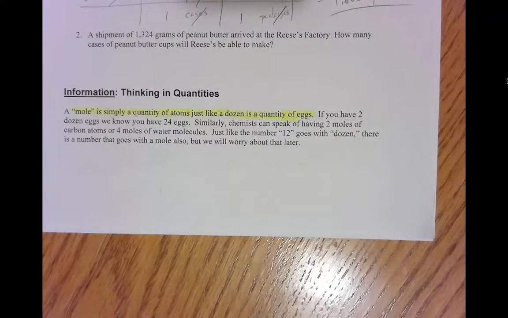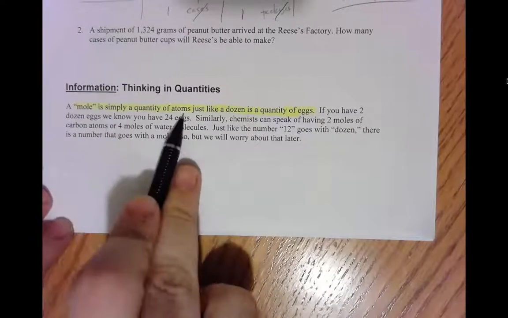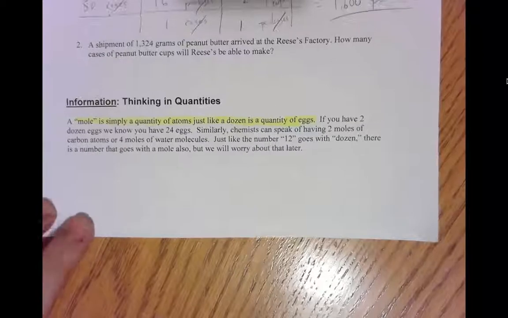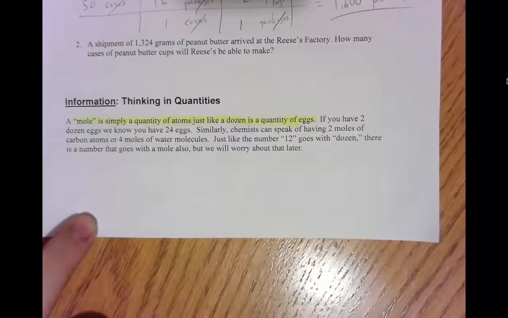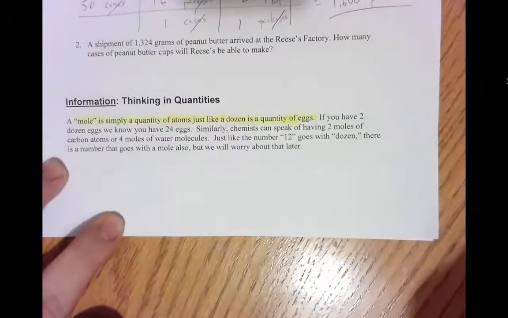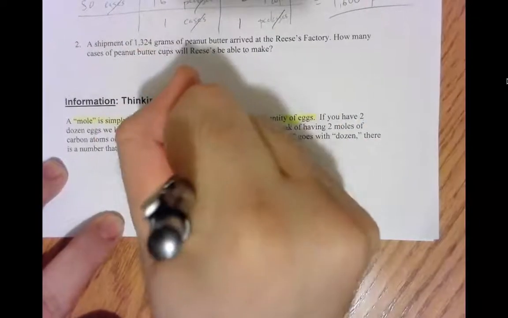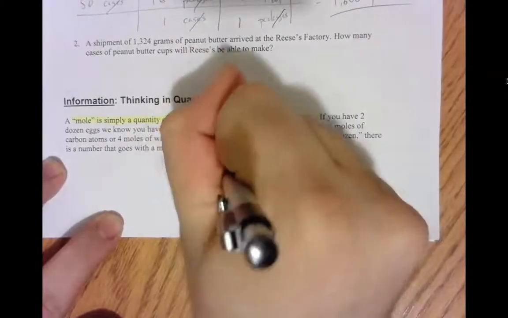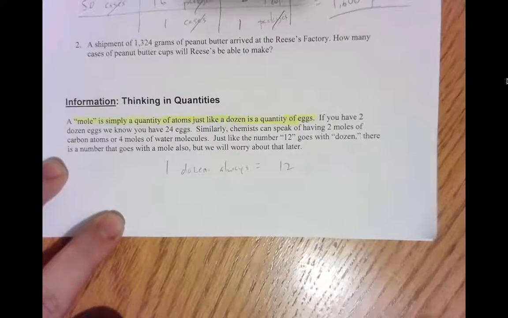Next we're thinking about quantities. So this is where we're going to learn what a mole is. A mole is just the quantity of atoms, just like a dozen equals a quantity of eggs. I know in this part I don't tell you what a mole equals yet, but it's worth writing down that 1 dozen always equals 12.